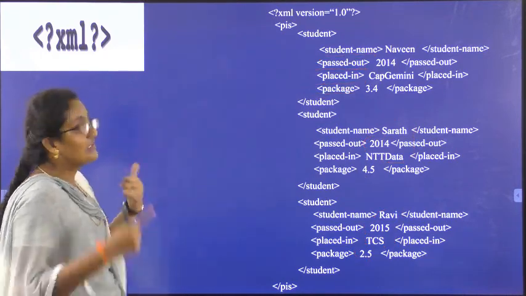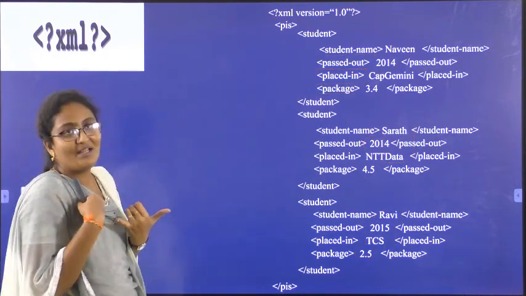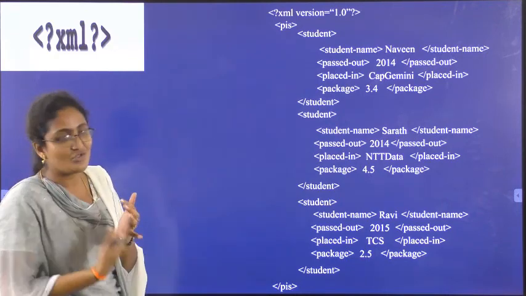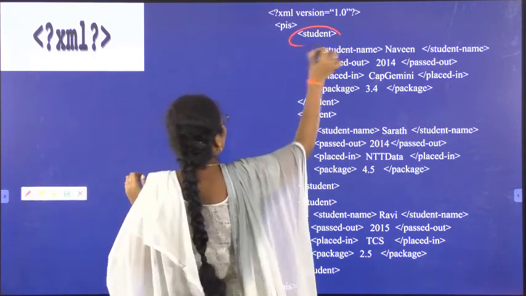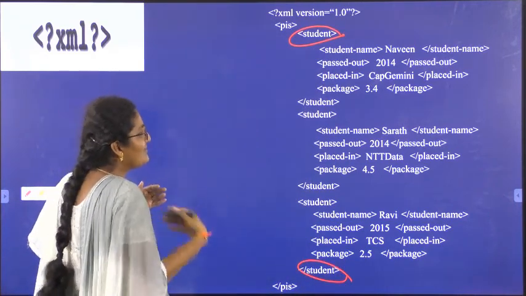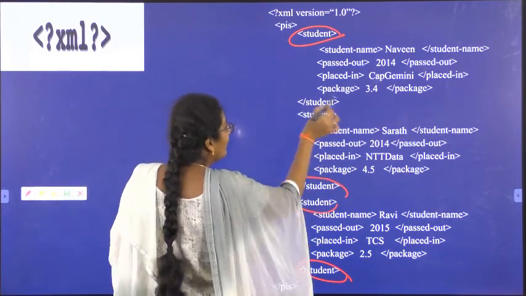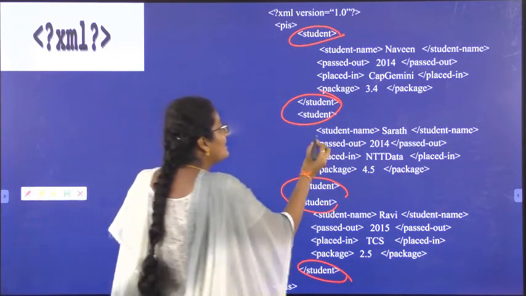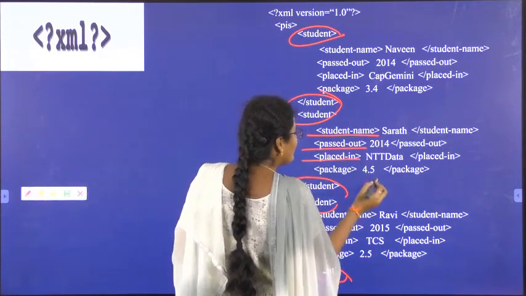So XML version 1.0, we are talking about placement information system, so PIS open and close tag, and we are talking about student, so student open tag, student close tag. Ultimately, in between, however many times you want to raise the student tags, that many times you can raise. And what will be the internal tags? Student name, passed out year, placed in, package.